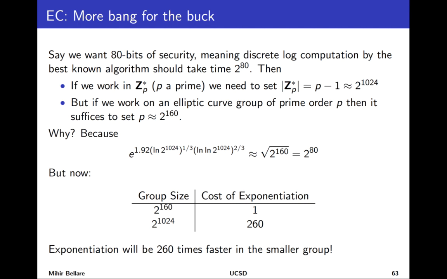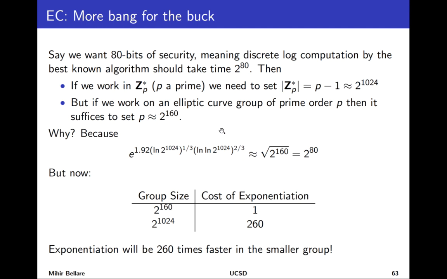If you're interested in 80 bits of security, meaning the adversary should have to spend 2 to the 80 effort to break your system, and it's discrete log based, then if you work with integers mod a prime as your group, you would have algorithms and encryption which is 260 times slower than if you worked in an elliptic curve group. So for performance reasons, that makes elliptic curves preferable.